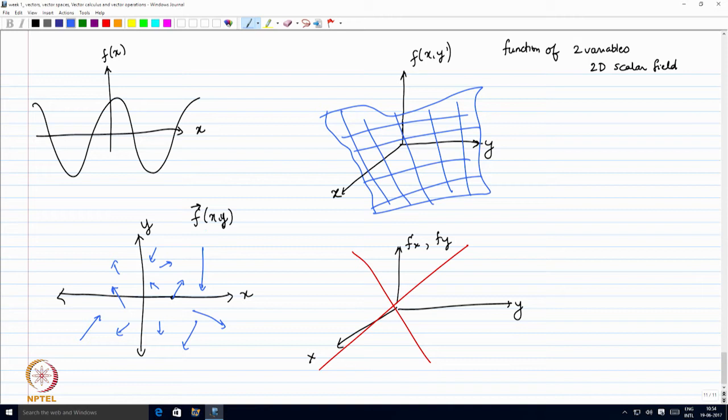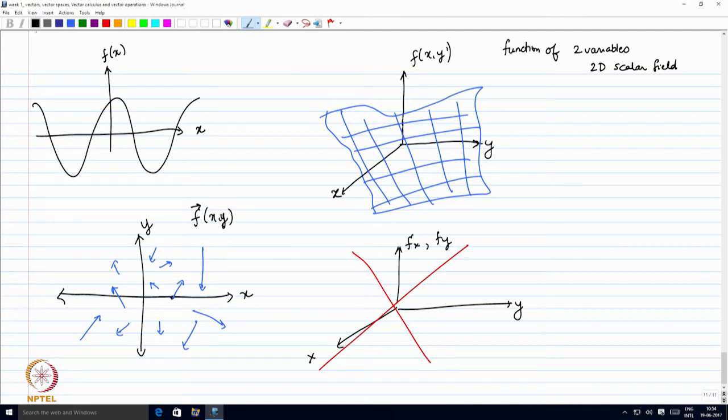Okay. So what I want to say is that for a 2-dimensional vector or scalar field, there are ways to show it graphically, but for 3-dimensional scalar or vector fields, there is no convenient way to show it graphically, and you can just represent it and try to imagine what it looks like.